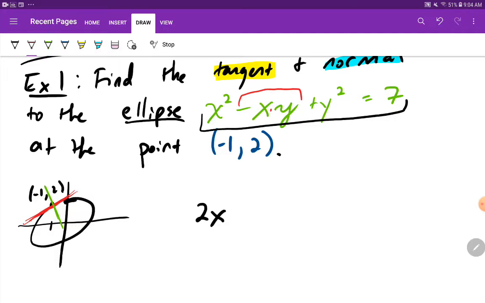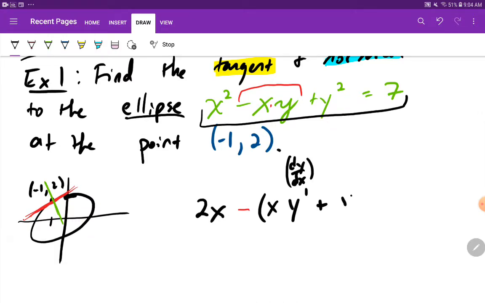So what I'm going to do is highlight this negative because a lot of people tend to forget it. And then we do the product rule on the inside. So it's first times the derivative of y, which is just y prime. This is also dy/dx, it's the same thing, but I'm just going to write y prime because it's faster. So first times the derivative of the second, plus second, which is y, times the derivative of the first, which is just 1.